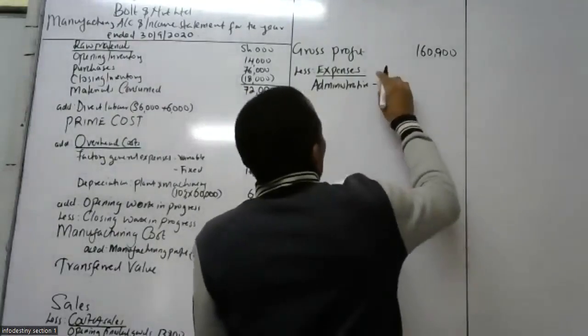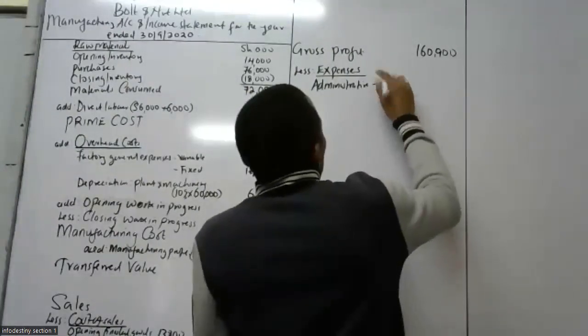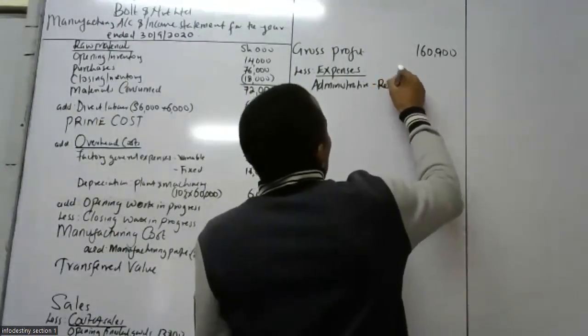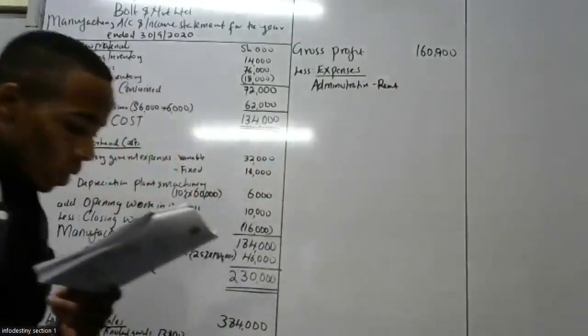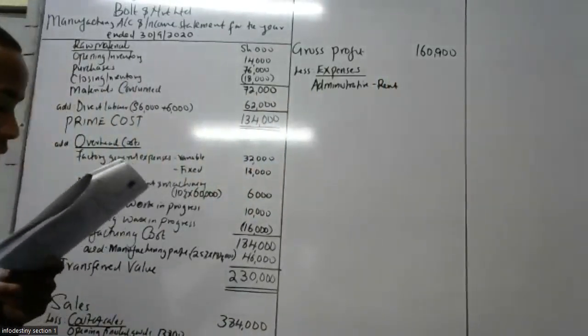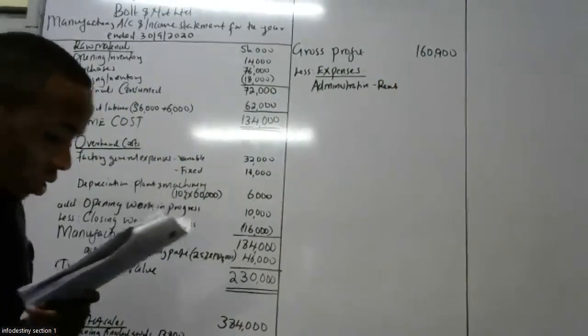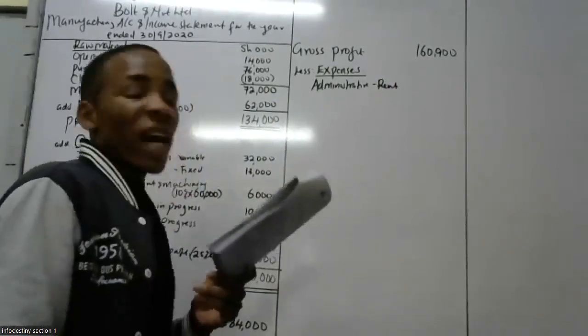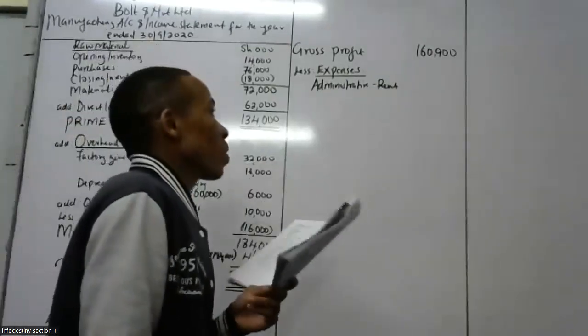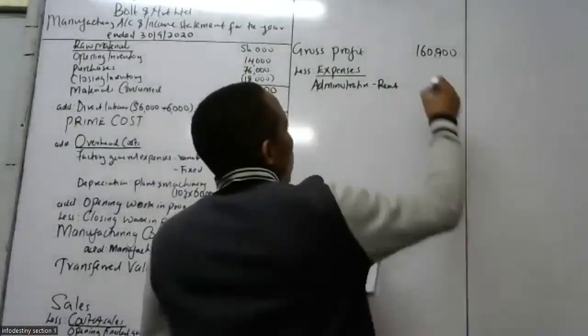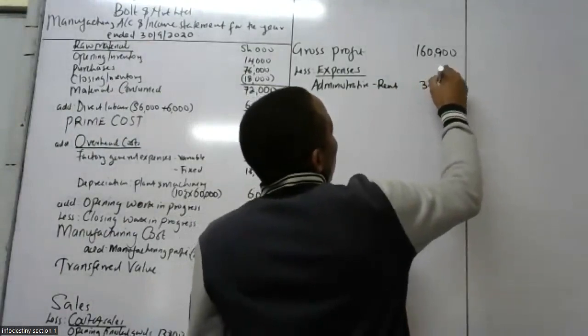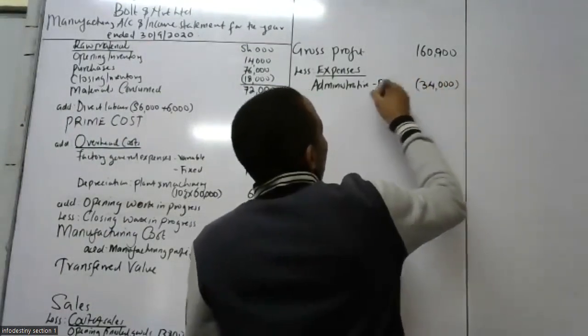The rent is prepaid. So rent is given as an amount of 38,000. Then we minus 4,000, which was prepaid. So that will give us an amount of 34,000, right? Yeah, that's true. That 4,000 we less.